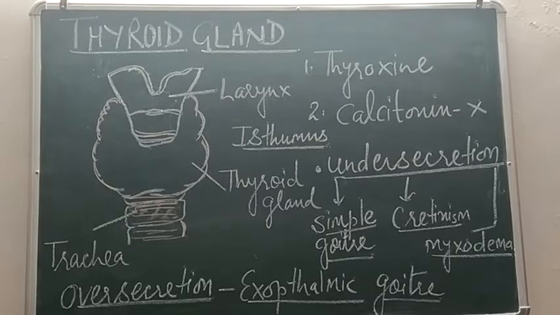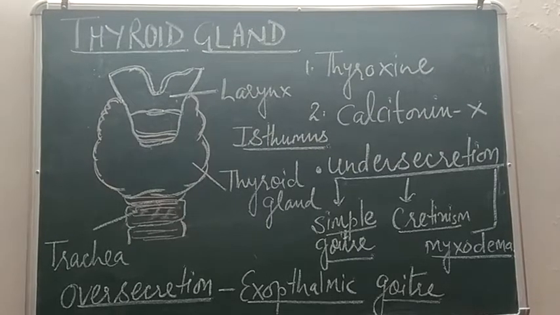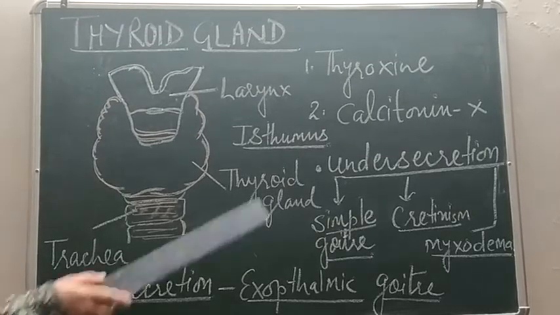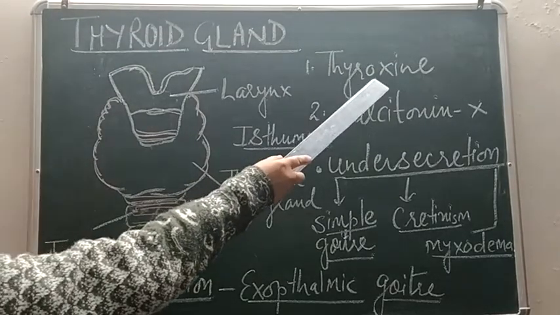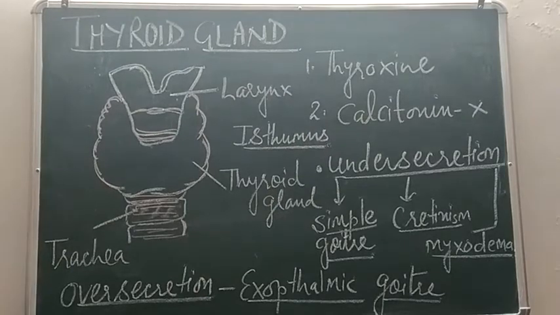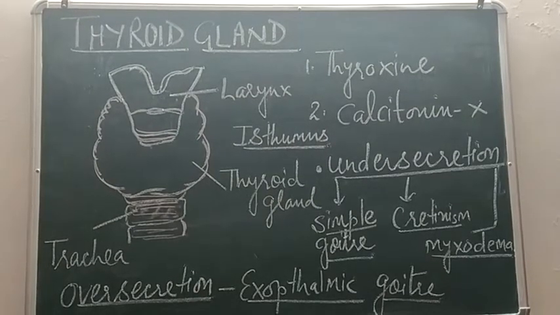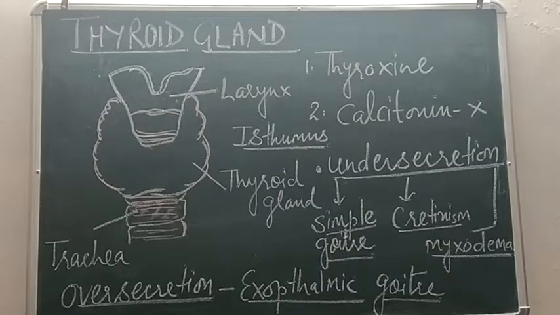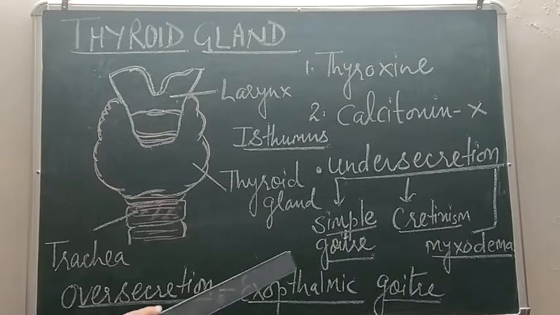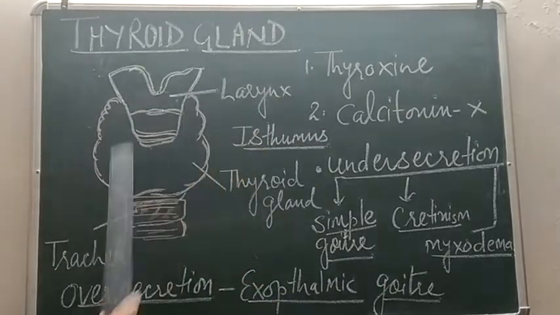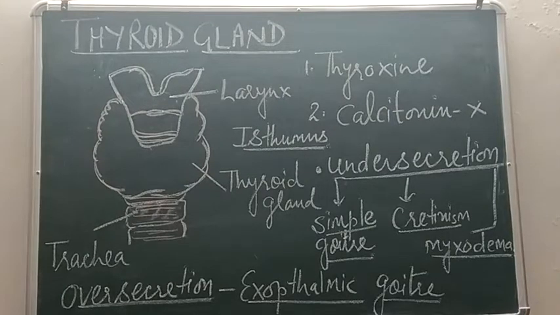Actually, this is caused due to insufficient quantity of iodine. You must know that for production or secretion of this thyroxine hormone, the mineral iodine is required, which we get through our diet. So if there is an insufficient amount of iodine in our diet, then people will suffer from simple goiter, because less thyroxine will be secreted.